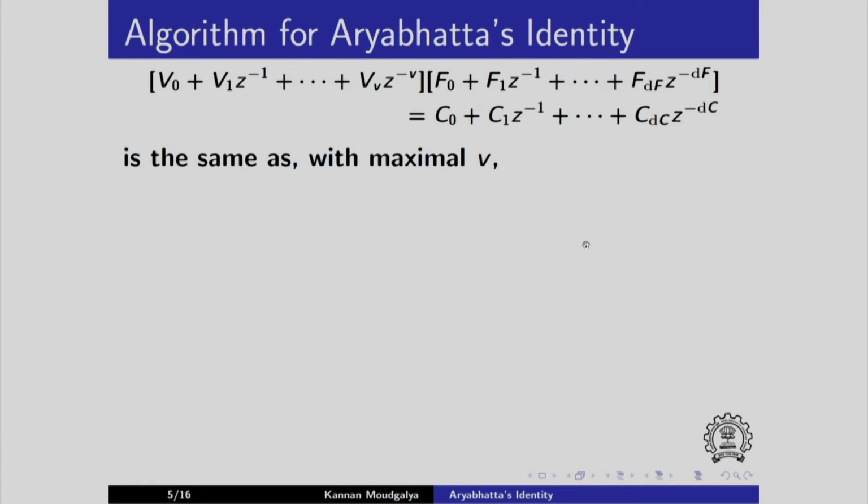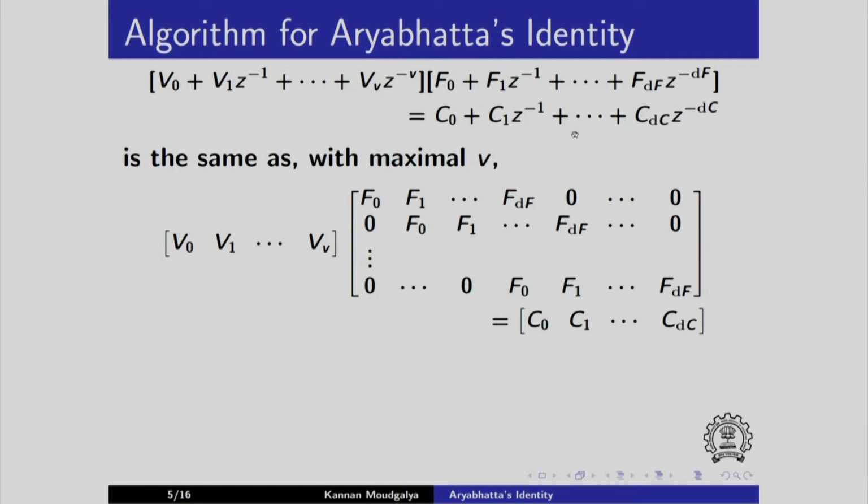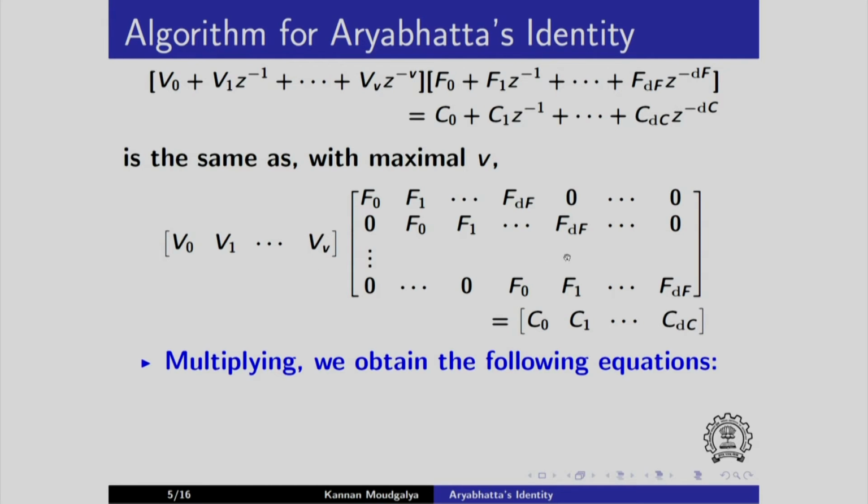This is the equation we obtained in the previous slide. Let us write it in this form, which will become clear if we multiply and equate the powers of Z inverse. So the first equation will be v naught into f naught equal to c naught, which is the same as the equation we obtain by comparing the constant terms.